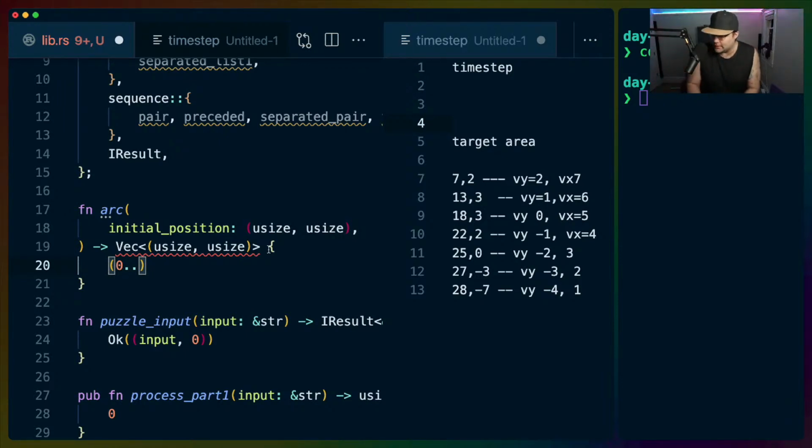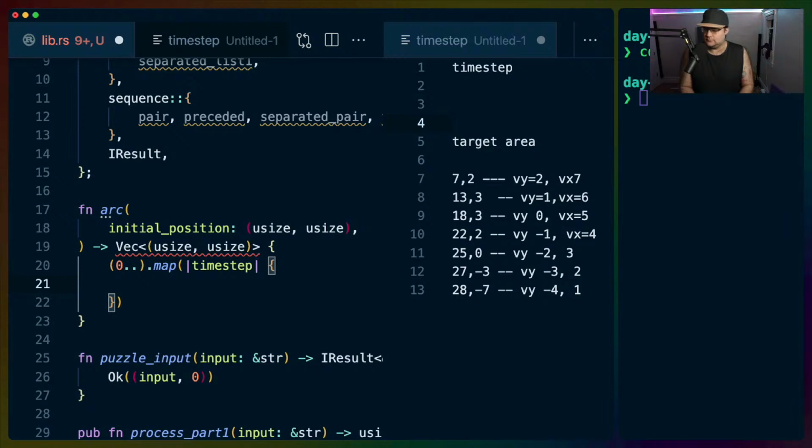Either way, we still need to calculate everything because I'm not going to be able to come up with the equation on stream. So 0 dot dot dot map time step, we have the initial position, which gives us the initial velocities.